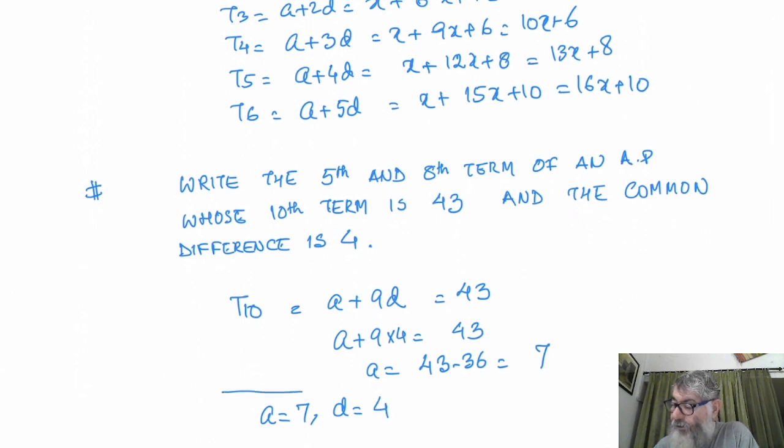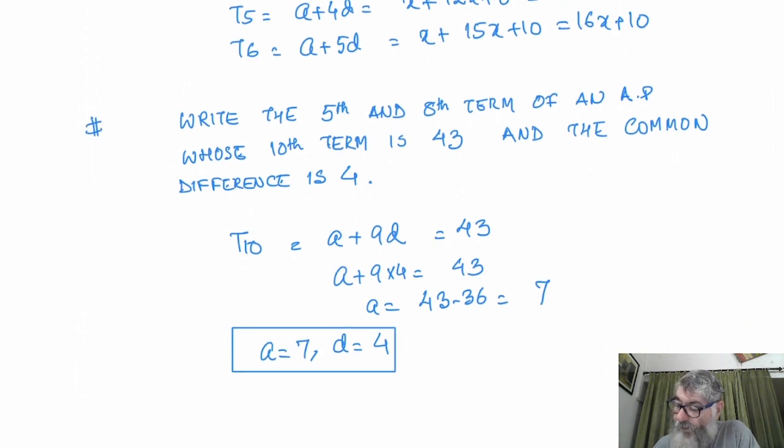Once you've got A and D, then you can calculate anything. He's saying fifth term, so T5 will be A plus 4D, that is 7 plus 16, 23.